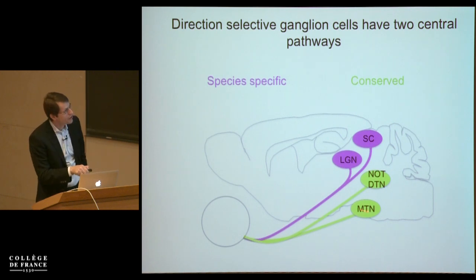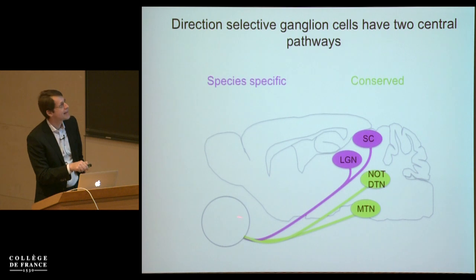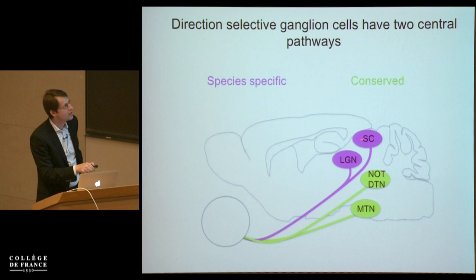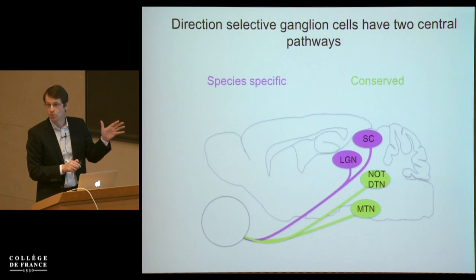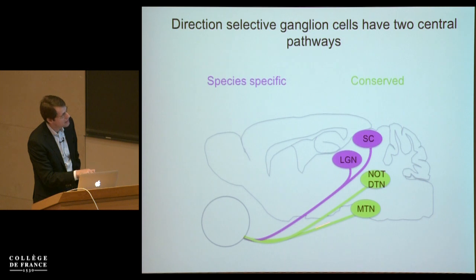Some of them are conserved across all the mammalian species we know, this green part, which I will talk about. And some of them are likely not conserved, or we're not fully sure, but likely this non-conserved part towards the visual cortex is mostly present in mice, rodents, and rabbits, but not in monkeys and humans. However, this part is conserved.